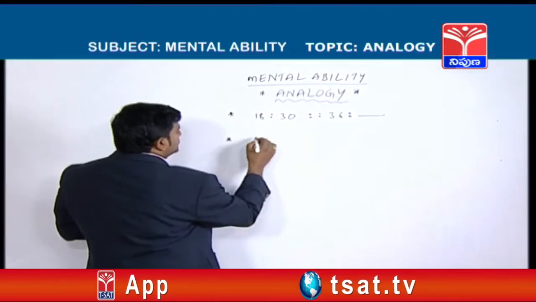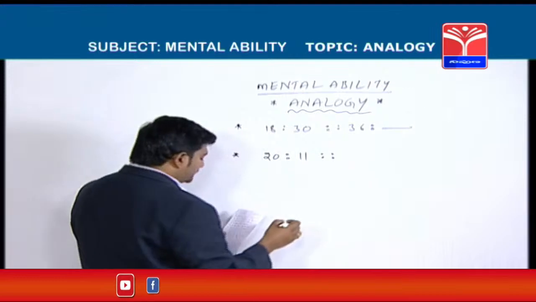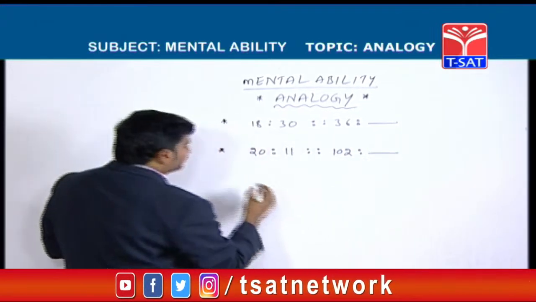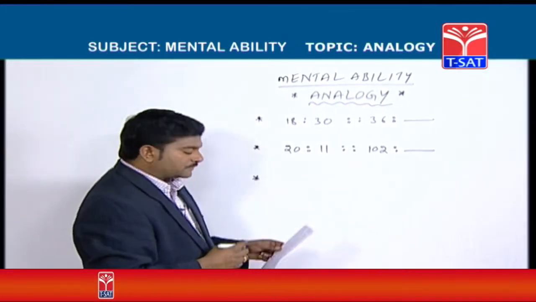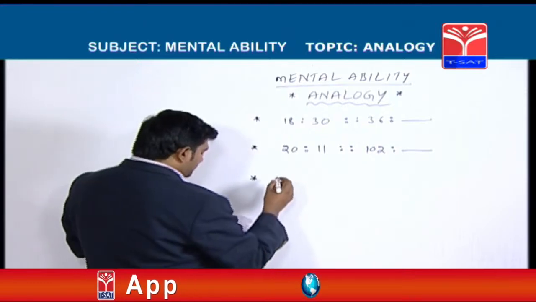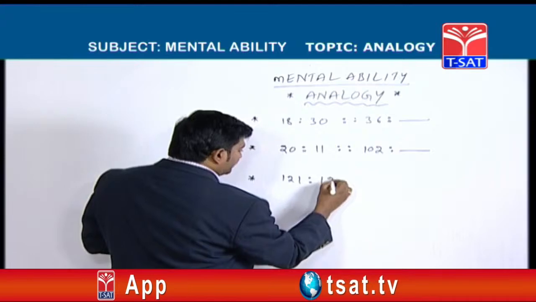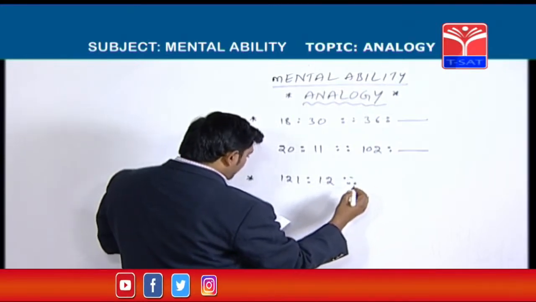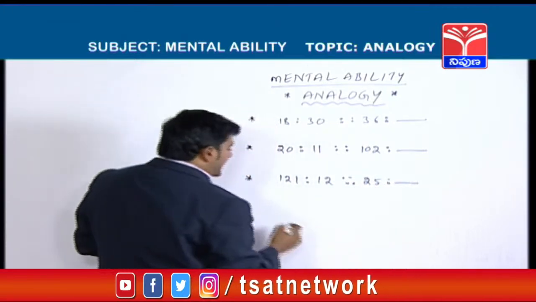And second question is given: 20:11 is as 102:. Similarly we can take like this also. Next example, 121:12 is as 25:.